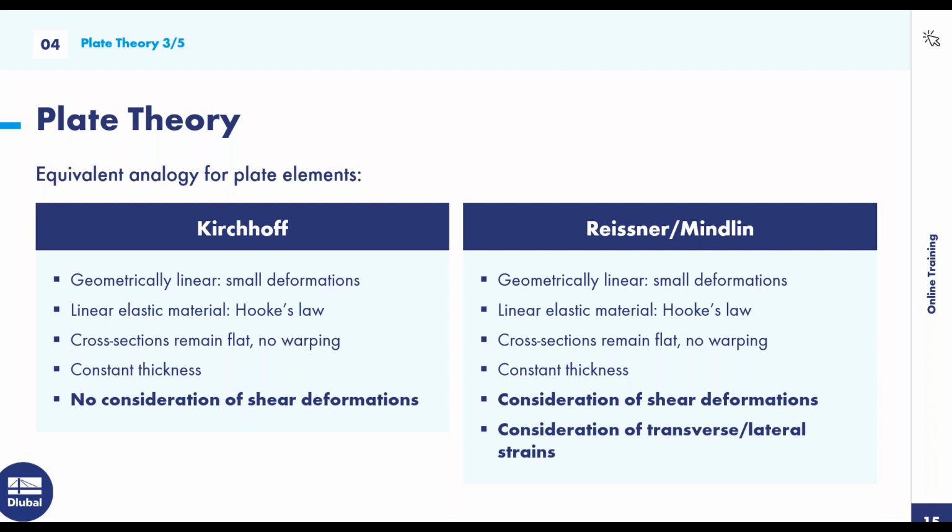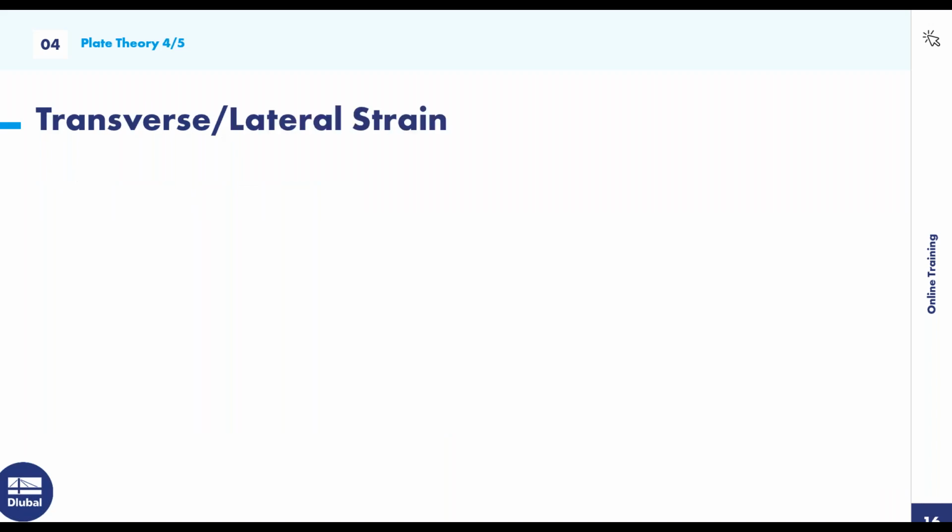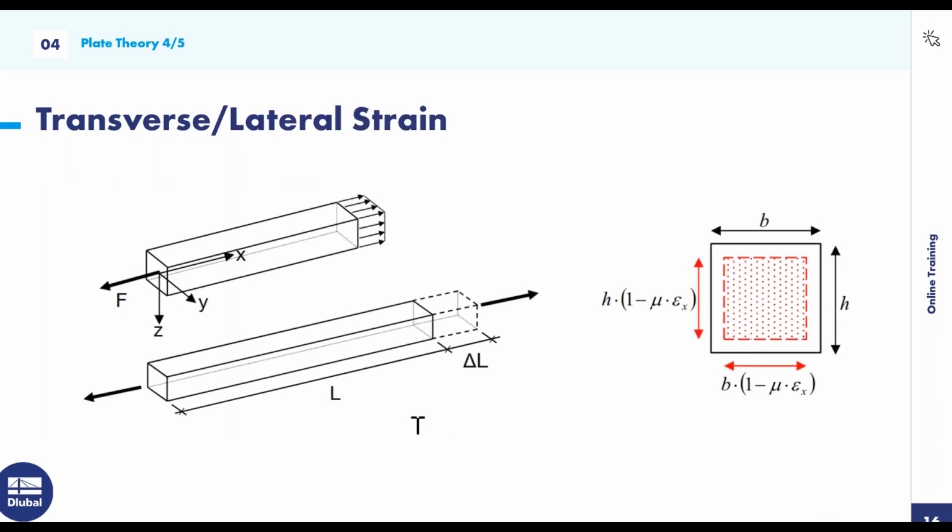What I mean by transverse/lateral strains is, if we look at this diagram here, you can see we have a beam, and with this beam we have tension forces. So we have a force on each side, putting the beam into tension.